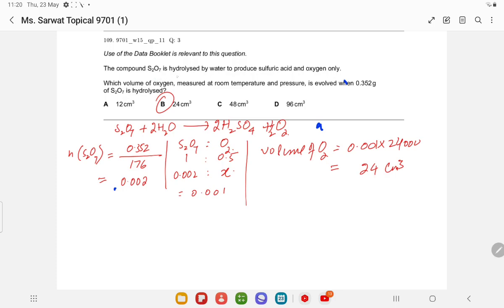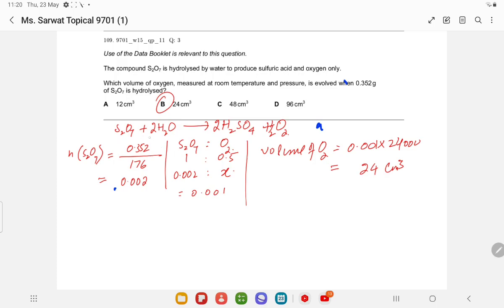The compound S2O7 is hydrolyzed by water to produce sulfuric acid and oxygen only. Which volume of oxygen, measured at room temperature and pressure, is evolved when 0.3252 gram of S2O7 is hydrolyzed? The answer is 24 cm³. How do we reach this option?